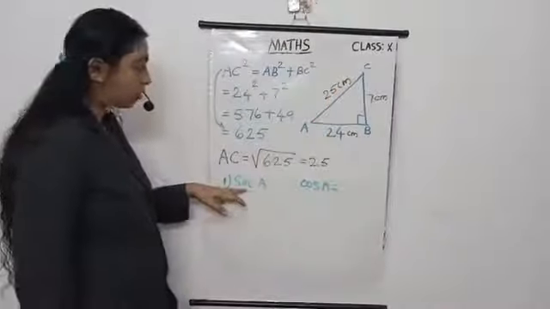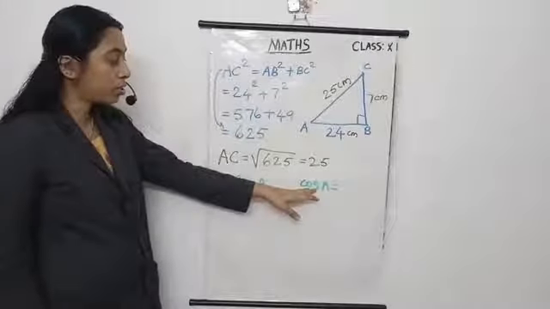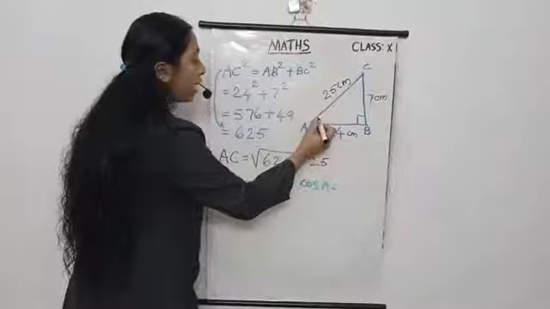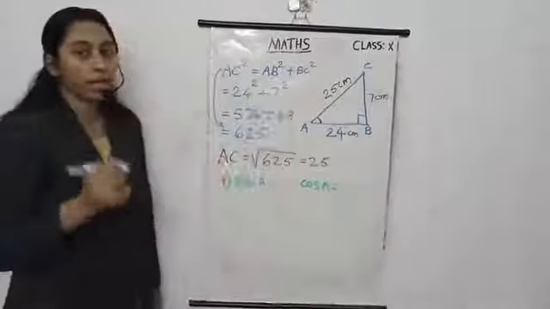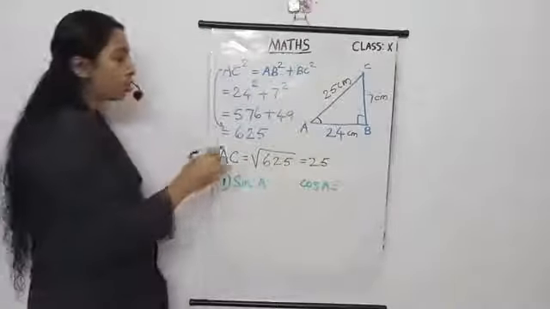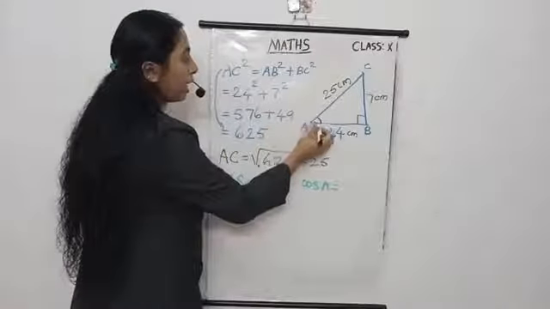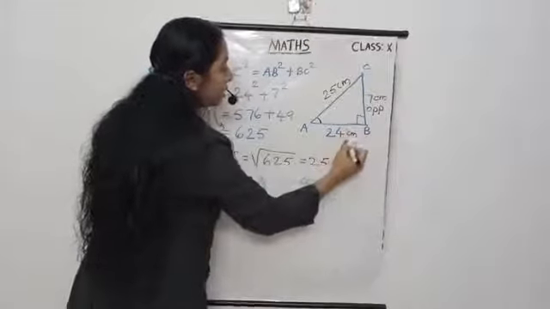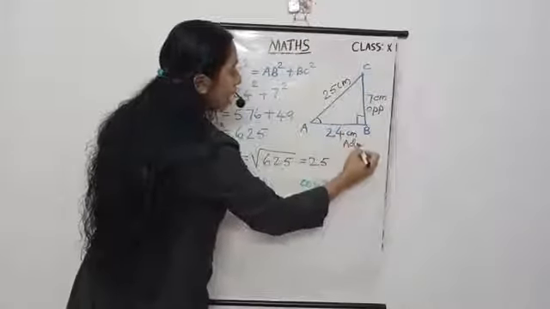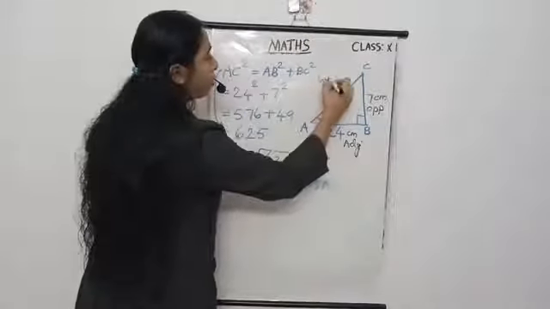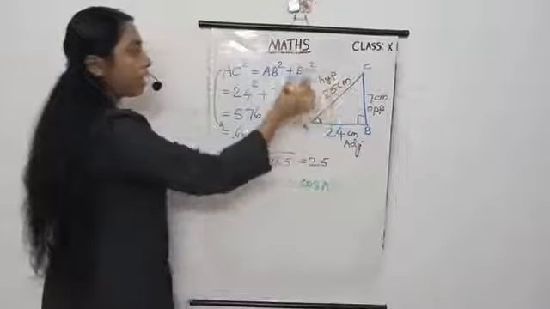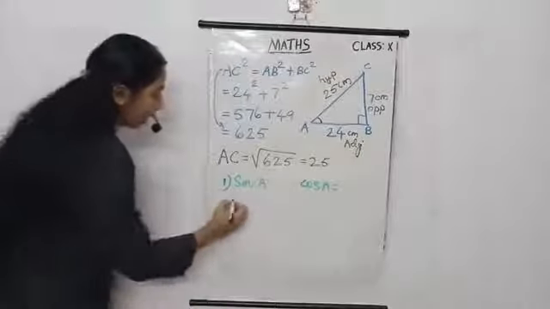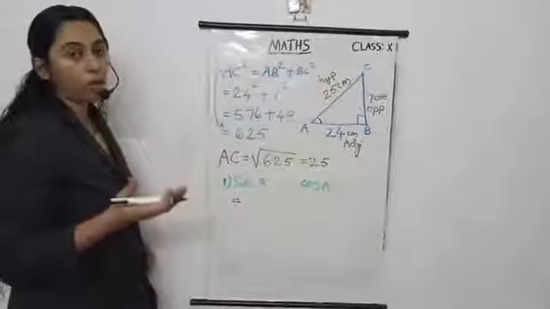Our first question is sin A and cos A. That means with respect to angle A, we need to find the sin and cos. With respect to angle A, its opposite side is BC and its adjacent side is AB, and this is always the hypotenuse. The side opposite the 90 degree angle is always the hypotenuse. Now, what is the meaning of sine?